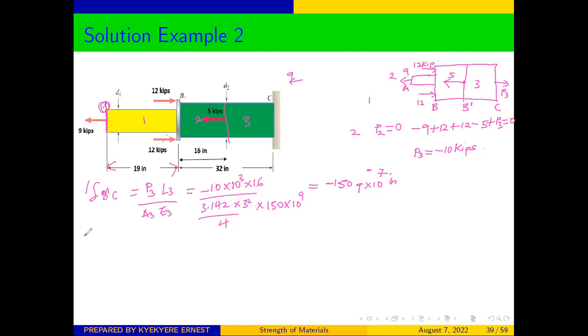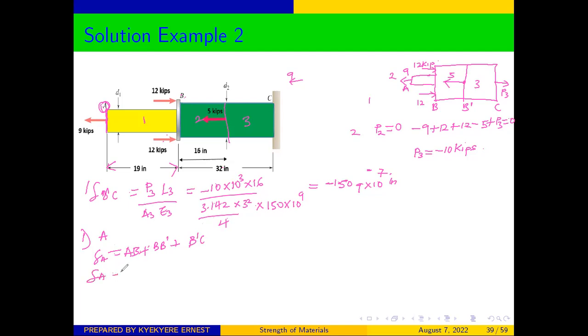So from there, we can see that the total displacement at A will be equal to the displacement at AB plus the displacement at BB prime plus the displacement at B prime C. Then we put all of them together.